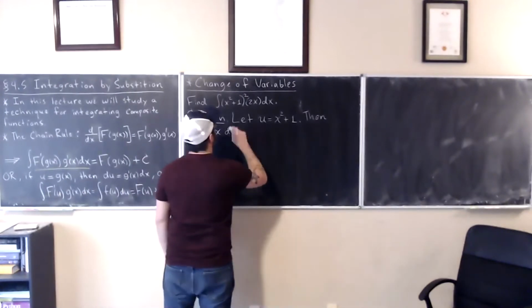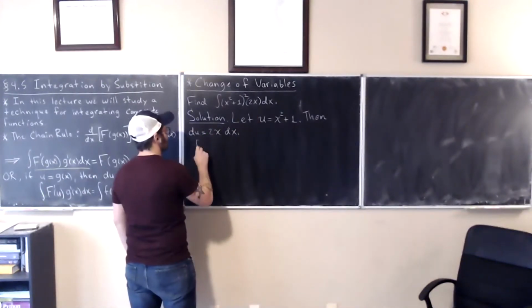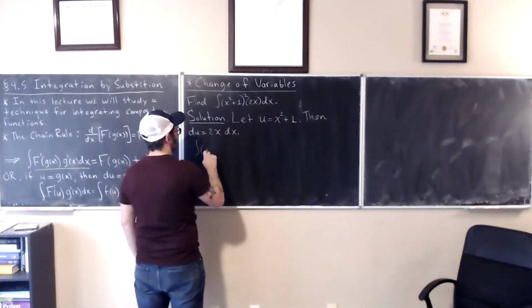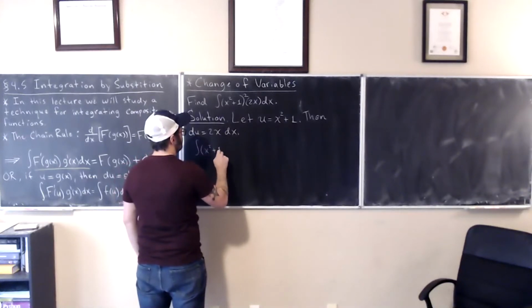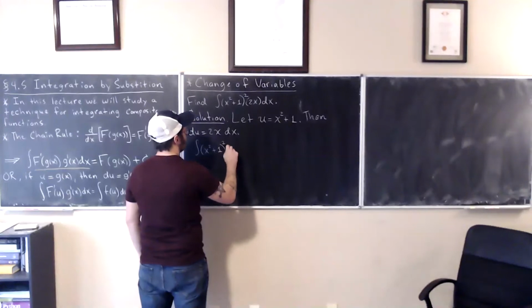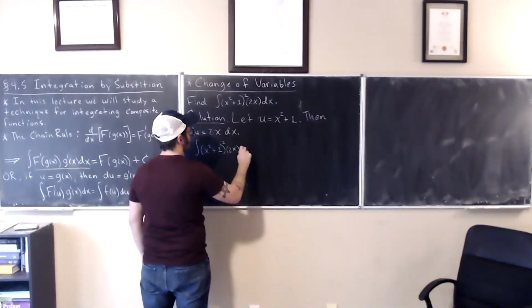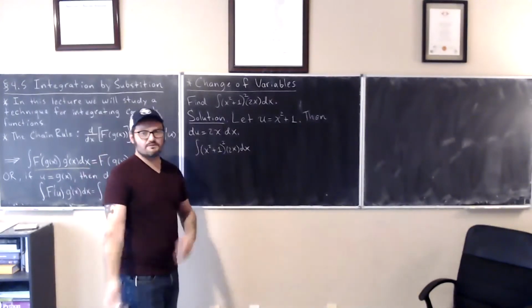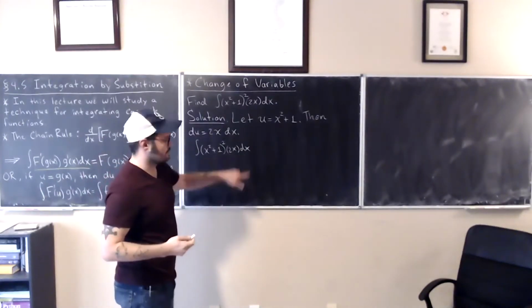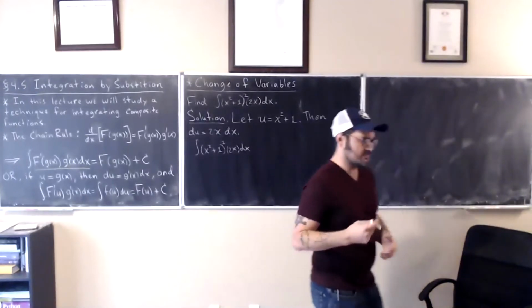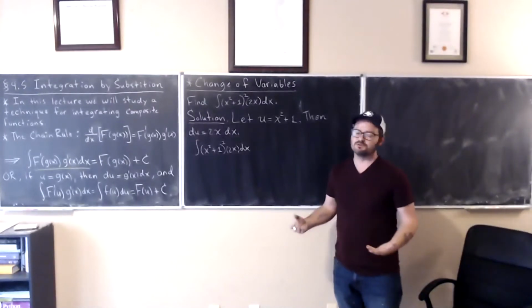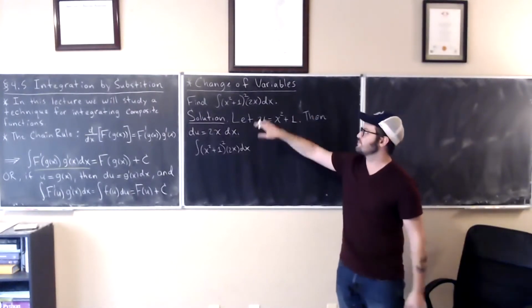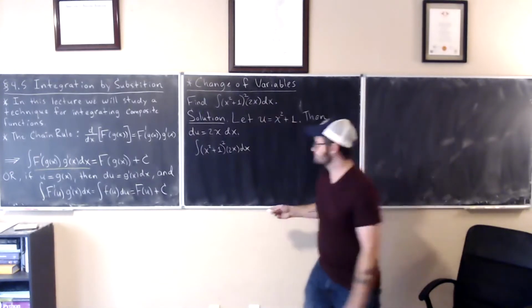So then we can say that the antiderivative of this, let's just replace everything here by the representation with the variable u. That's what we're doing. We're changing the variables from x to u.